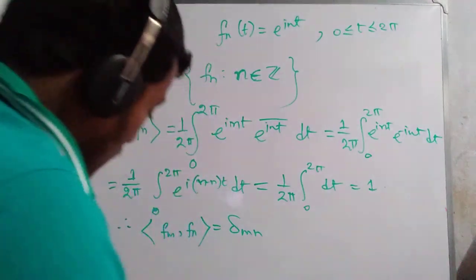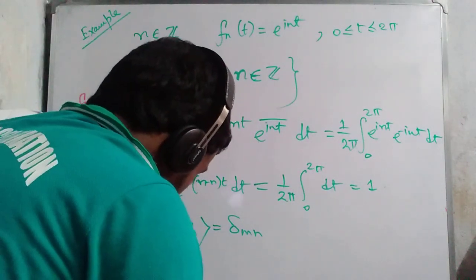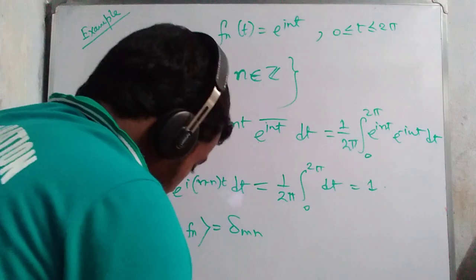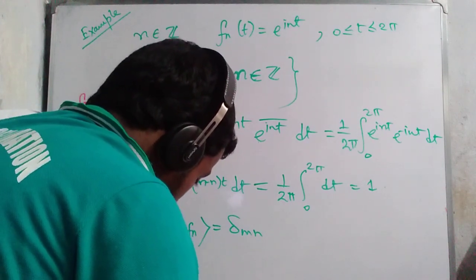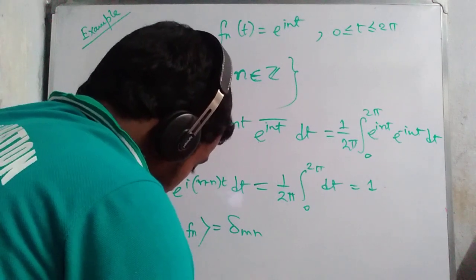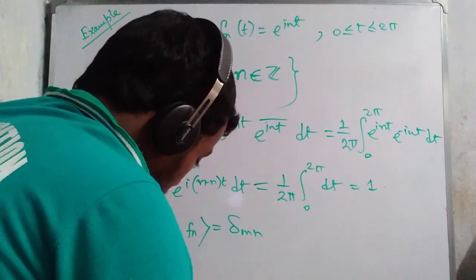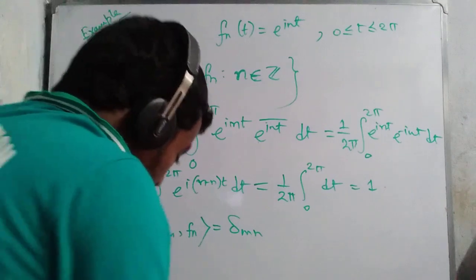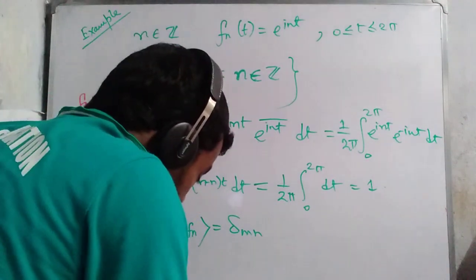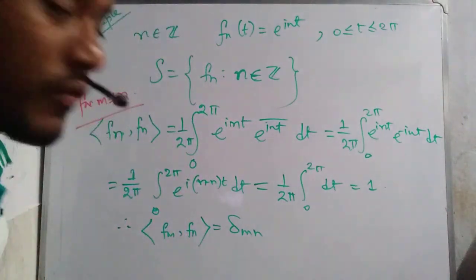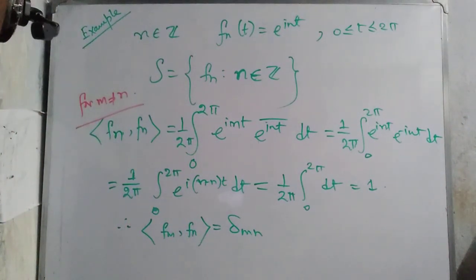C[0,1] is the space H of continuous complex valued functions on the interval [0,1]. That means we write it in this way: the space H of all continuous complex valued functions.